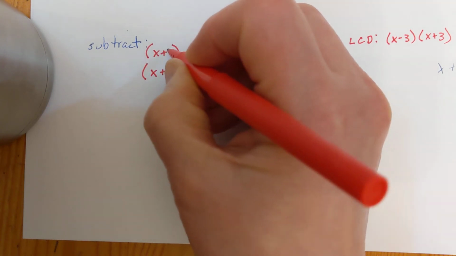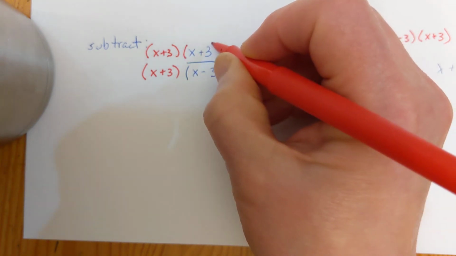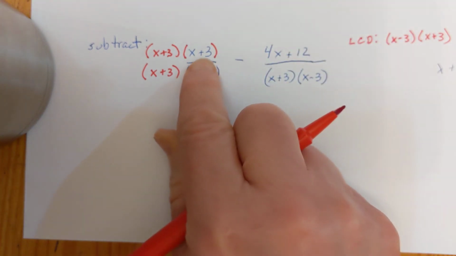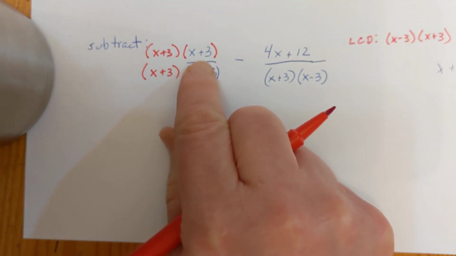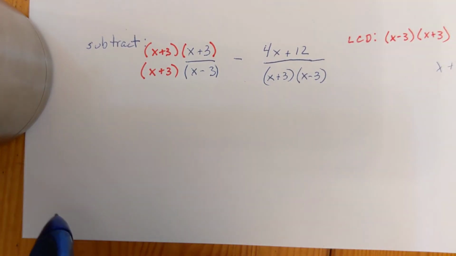When I put down my x plus 3 beside my numerator, I'm going to make sure the numerator of the original is in parentheses. I don't want to forget and only distribute part of that multiplication. I've got to distribute it to both the x and the positive 3.